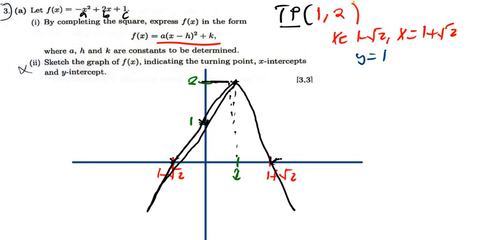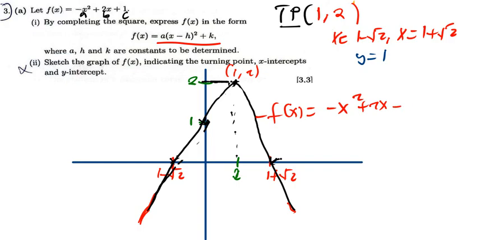So this other one I can get rid of. That is the graph of f of x equal to negative x squared plus 2x plus 1, and you indicate the turning point 1, 2 here.